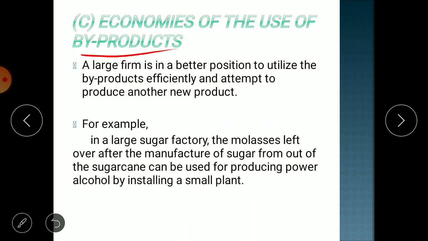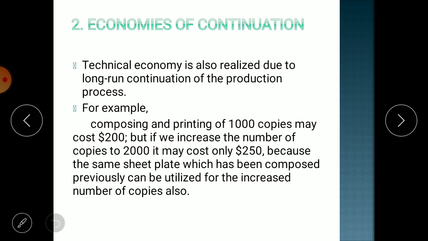Now let us see the second internal economy, that is economies of continuation. Continuation simply means you need to continue your production. If there is any gap or break, then your cost of production will increase. How does that happen? Let us see. Technical economy is also realized due to long run continuation of the production process.